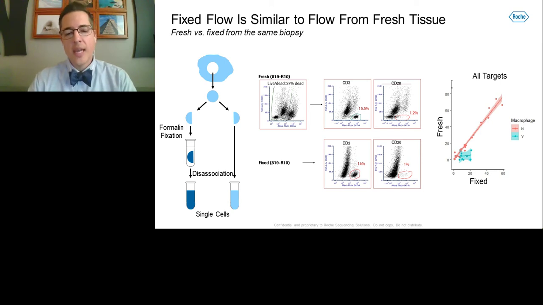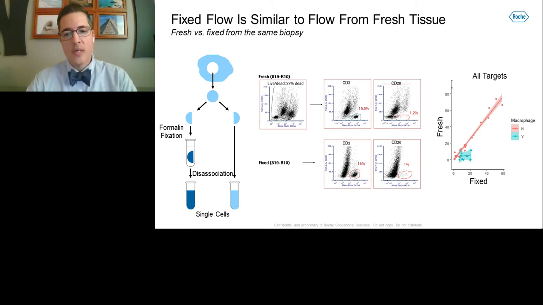It should be noted that the antibodies that we are using in this test are designed by Ventana for formalin-fixed paraffin-embedded tissue. They work very well on formalin-fixed cells when we use them for flow cytometry. That being said, it is likely that not all of these antibodies will work very well on fresh samples.